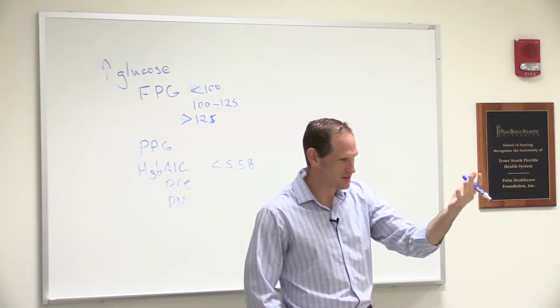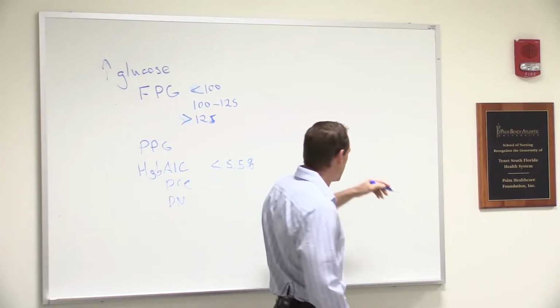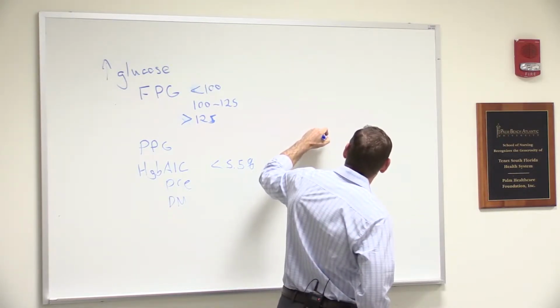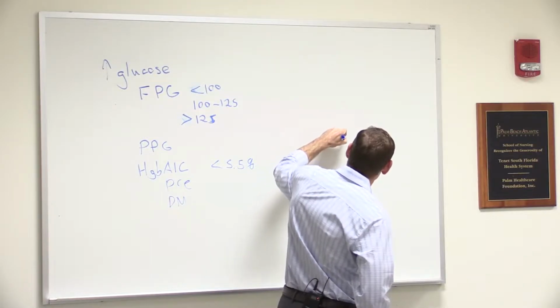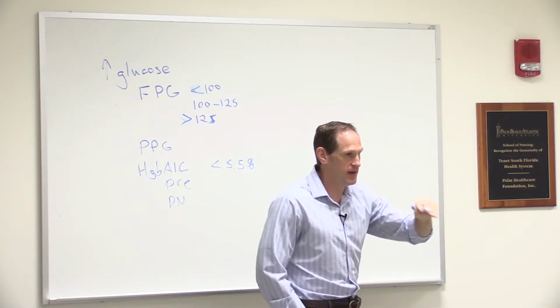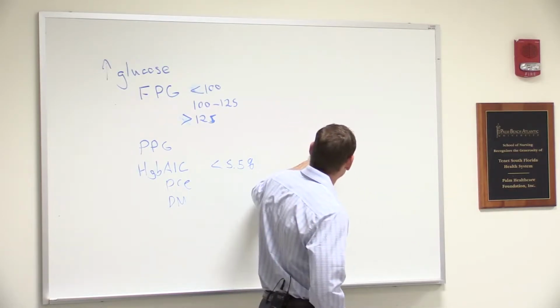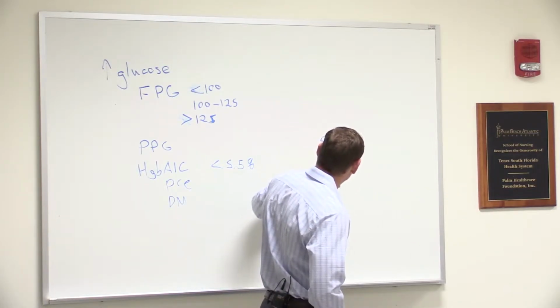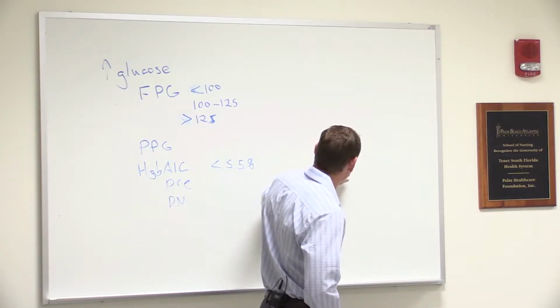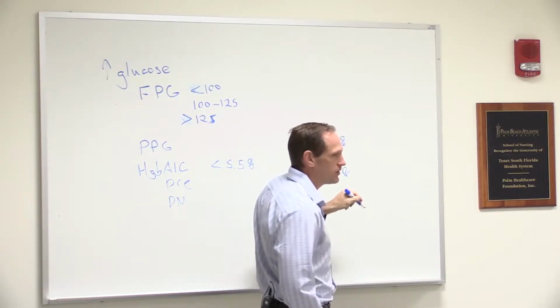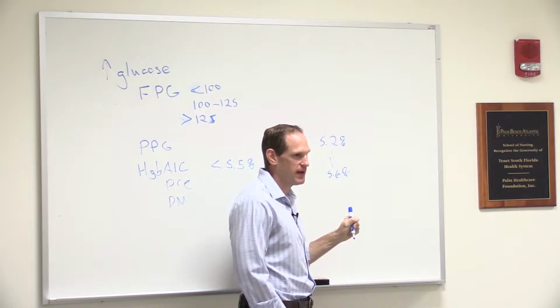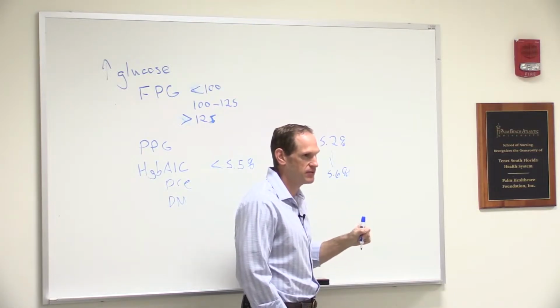Okay, so let's say you started out in life with a hemoglobin A1C of 5.2%. And then as you develop diabetes over the years, you slowly go up to 5.6%. Okay, you don't have diabetes yet. What do you have? Pre-diabetes.